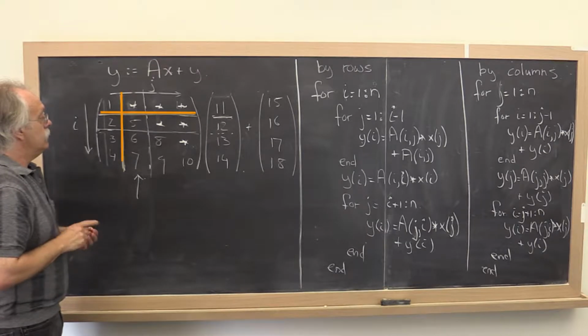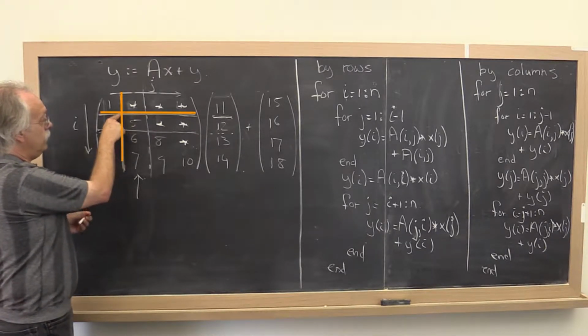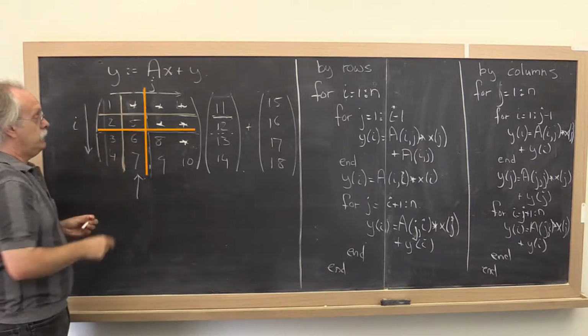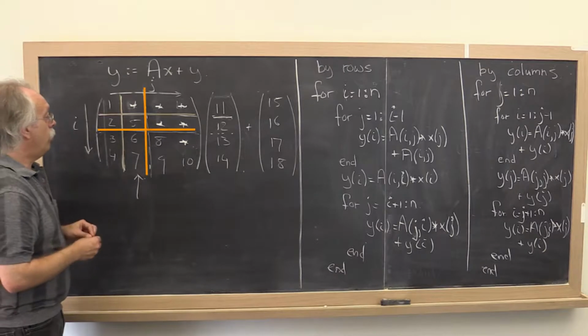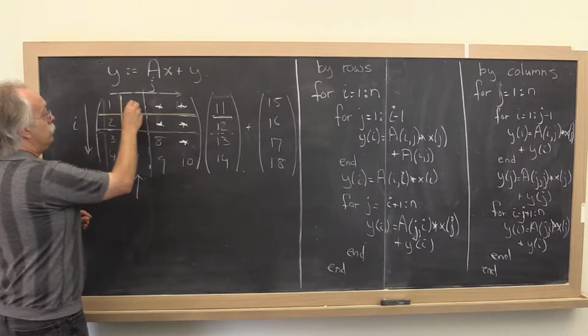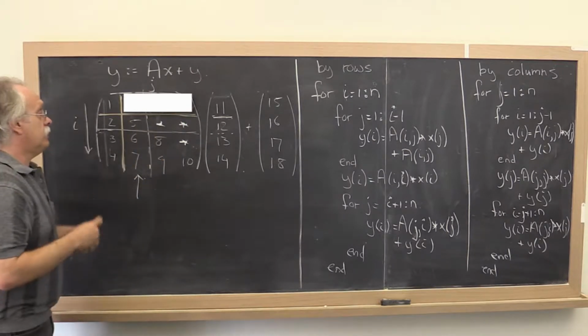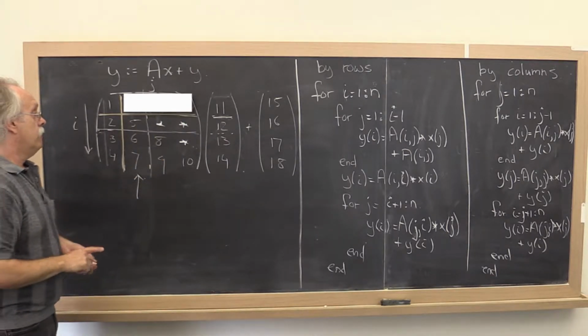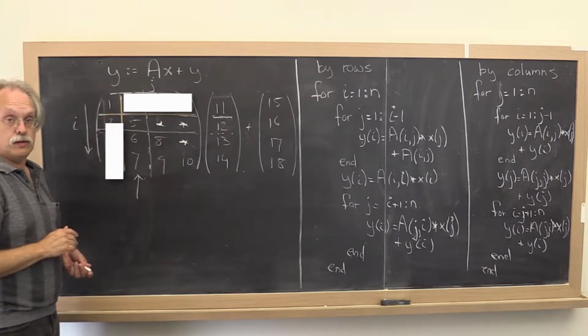Okay? And notice that then you do some computation, and then really this orange line moves forward to here and the process continues. And this all is in an effort to cleanly identify a block of the matrix that is not stored, and then the corresponding block of the matrix and where it is stored.